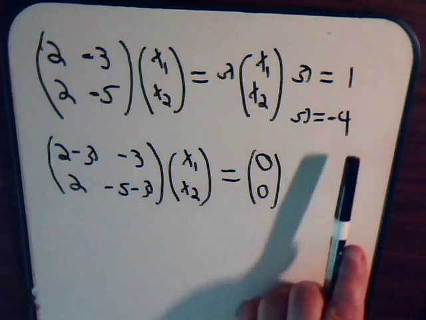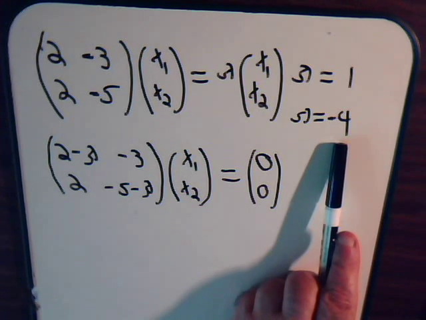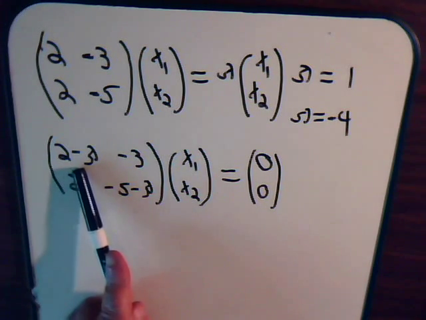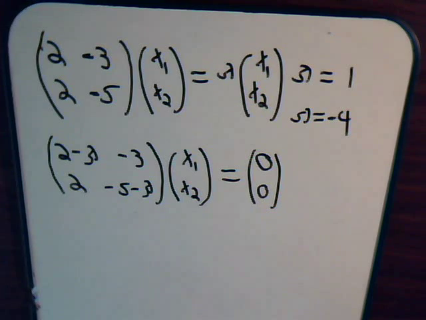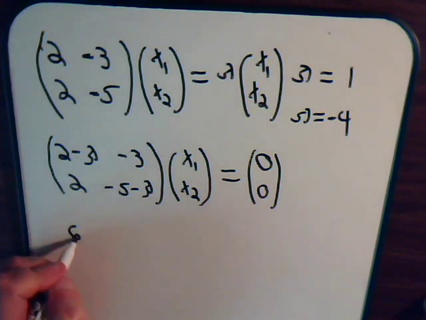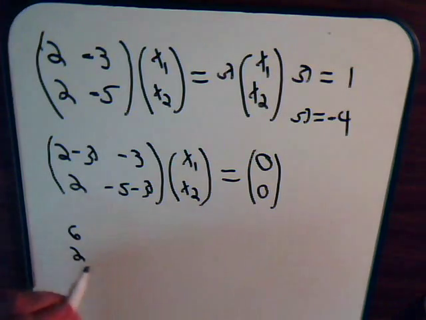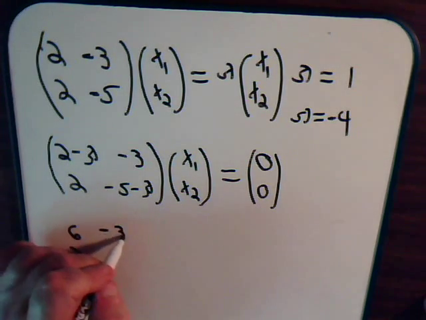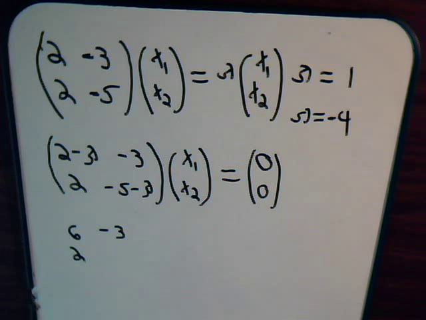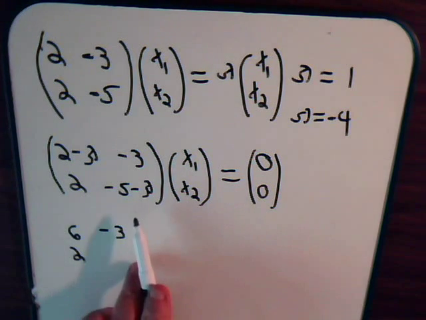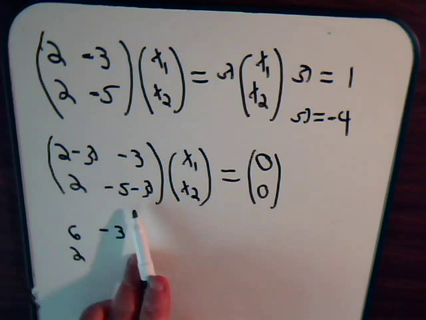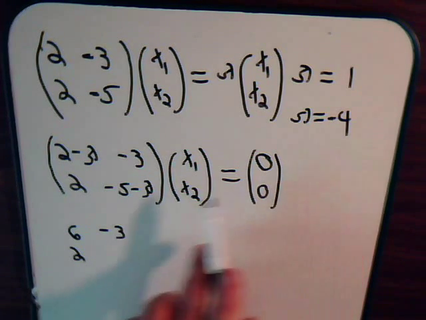So here, lambda equals negative 4. Let's work with that first. So we have 2 minus negative 4. That should be 2 plus 4 is 6. This is 2. This is minus 3. And here we have minus 5 minus lambda. That would be minus 5 plus 4.